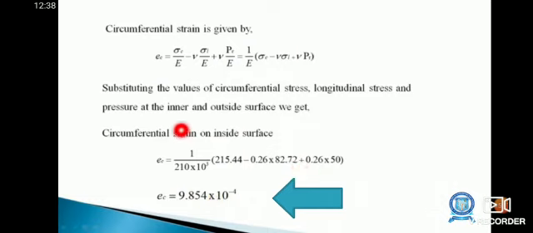We simplified those values and got the circumferential strain 9.854 into 10 raised to minus 4. Strain has no unit.